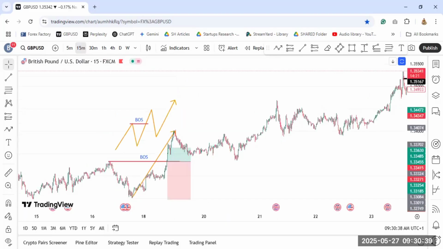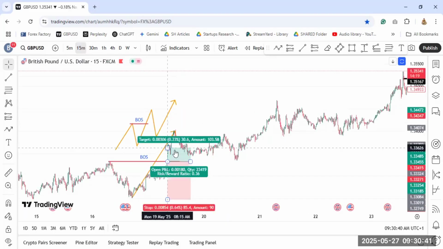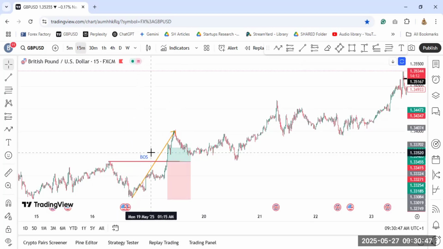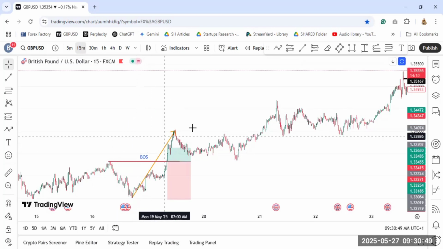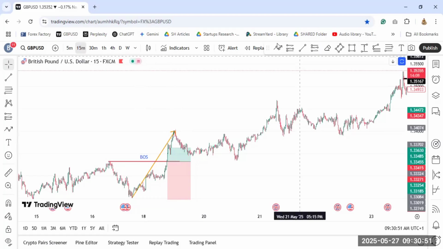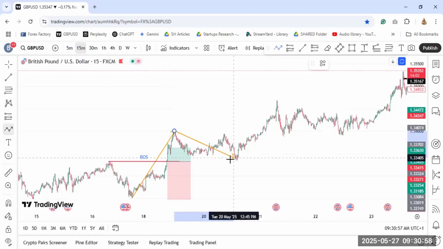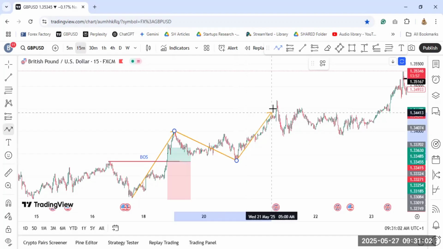And if you hold on to it for a longer time, as I always told you, let me delete this sample that I've shown you just to clear the chart. You can see now that the market moved up and still pulled back again to retest this level where there was a break of structure. It retested the level again and then continued to push up.